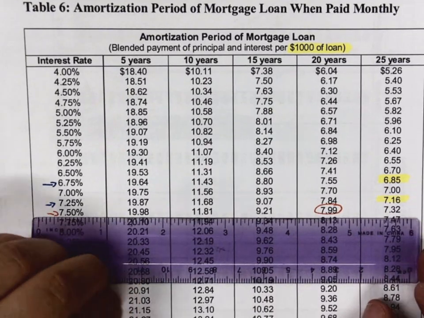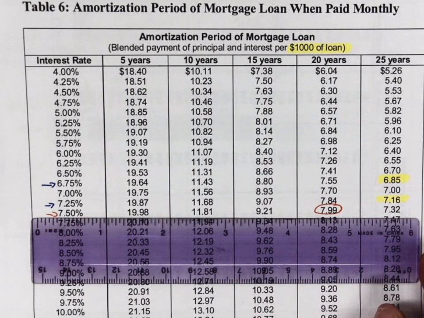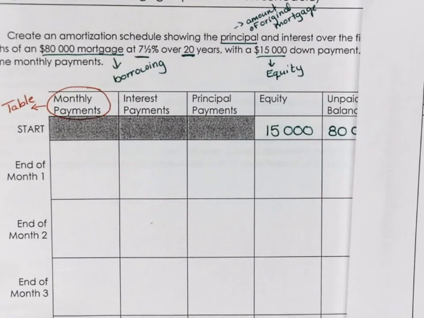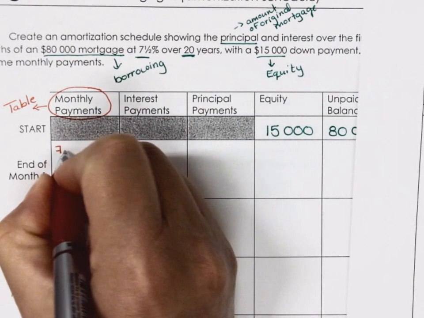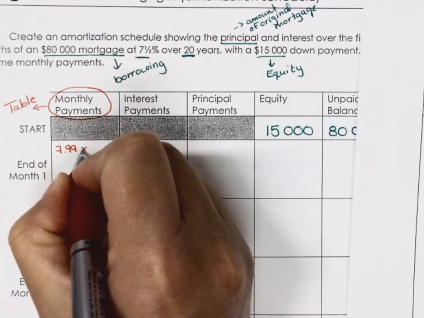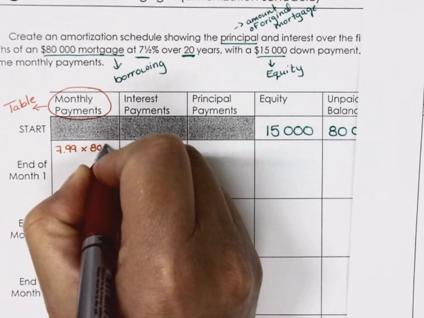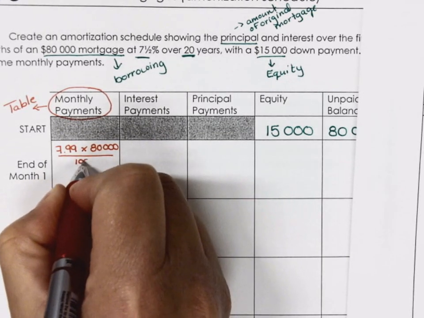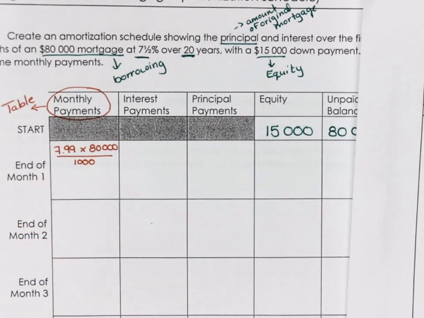So it's $7.99 per $1,000. How we figure that out is we take the $7.99 times the $80,000 we're borrowing, and then we divide that by 1,000. That was from yesterday's lesson. So Daniel, now you know how to do yesterday's lesson.